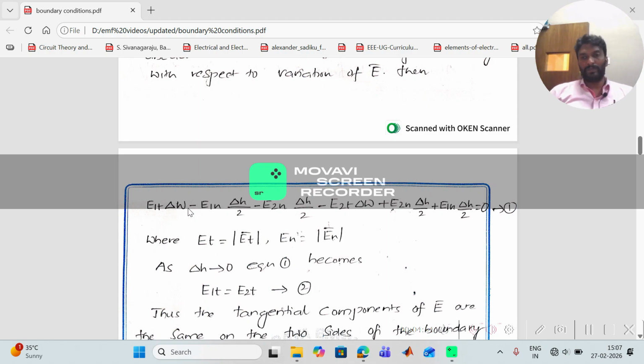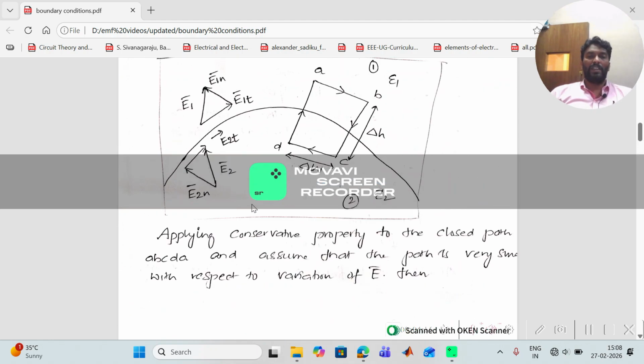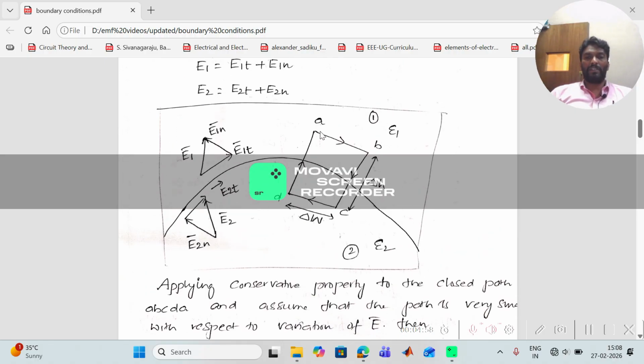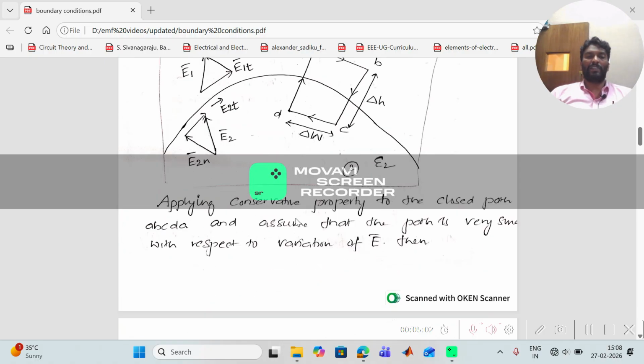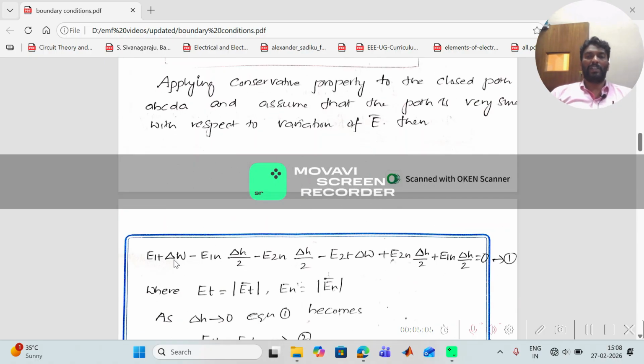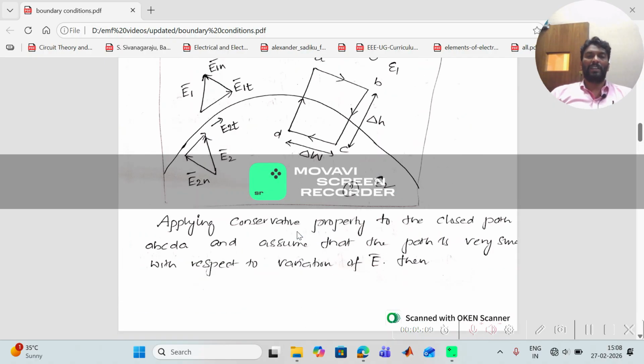If you see here, the first term in the equation, E1t, represents traveling from A to B in the direction of E1t with a distance of delta W. So it is written as E1t delta W. And the second term in the equation is E1n.